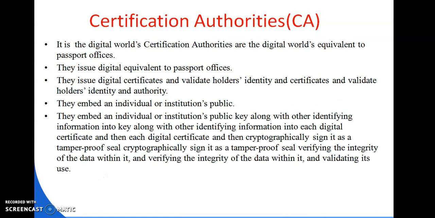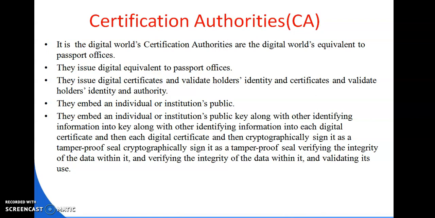Certification authorities are the digital world's equivalent to passport offices. They issue digital certificates and validate holders' identity and authorities.